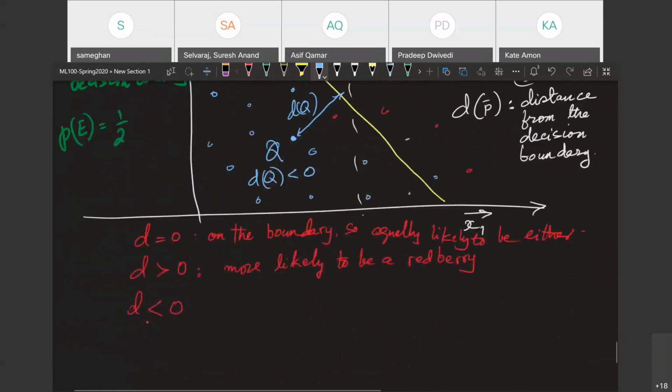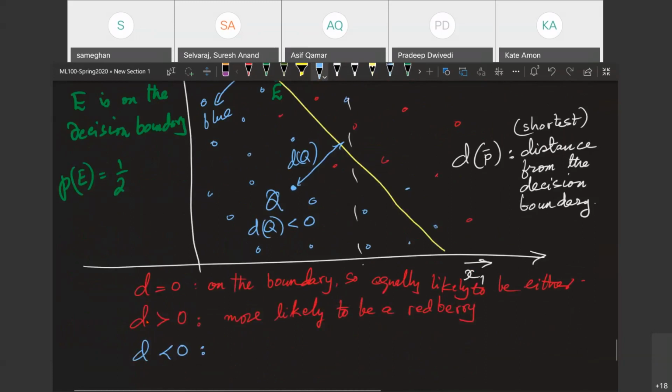So in the case of DQ less than 0, what can you say? Is the point a blueberry or a red berry? Let me know if I need to repeat this. I hope this is fairly obvious. If I take this point, this is clearly a blueberry. It's where blueberries are surrounded by blueberries. It is light, it is small, and therefore it's more likely to be a blueberry.